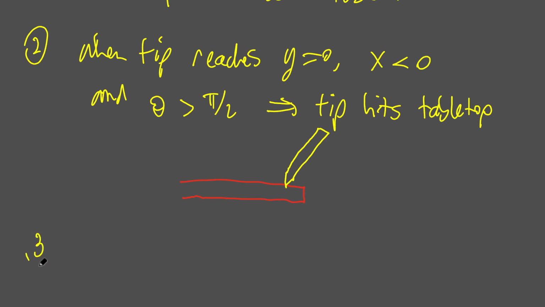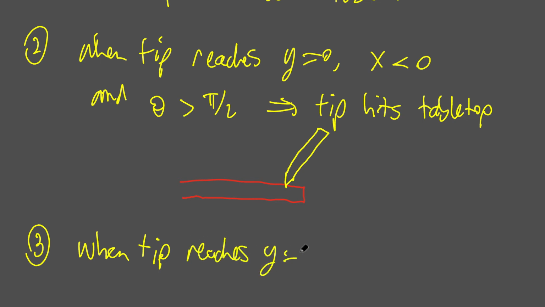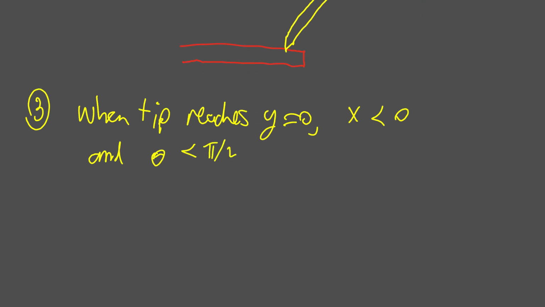Then case number 3 is when the tip reaches y equals 0, we have x less than 0 and theta is less than pi over 2. Okay, in that case, we know that the shaft of the pencil must hit the corner of the table. So here's a picture of this case number 3.